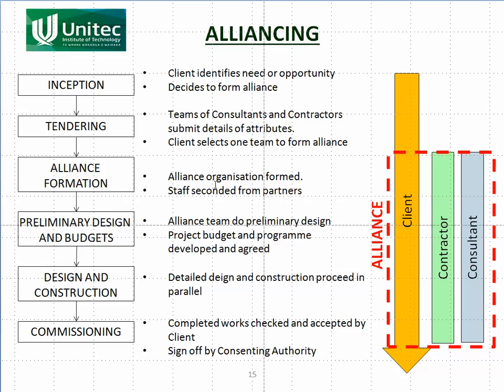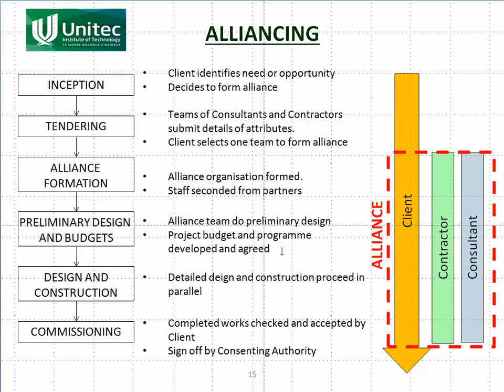Then there's the alliance formation, where people from each one of the partner organizations, from the contractor, from the consultants, from the client, they form one organization, and those people go and work for the alliance. Once they're all together, they do the preliminary design, which is totally different from the other ones. They do the design, they agree the budget, they agree the program after everyone is all on board.